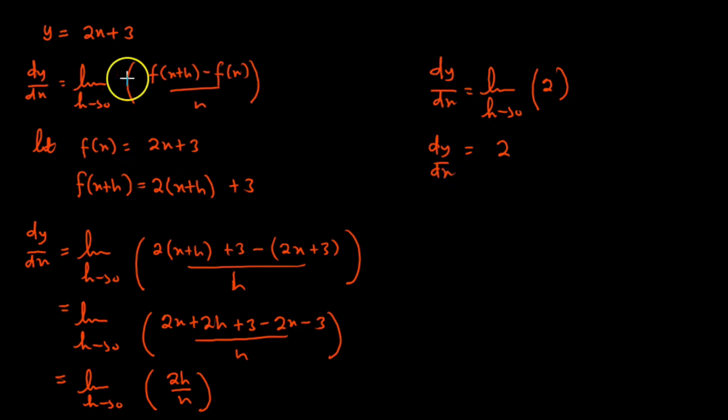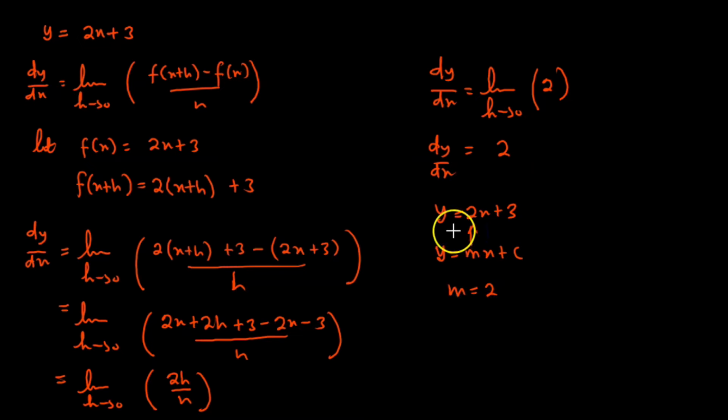Then the gradient of the function y equal to 2x plus 3, actually the gradient is 2. And it confirms that when we go back to our coordinate geometry 1, whereby we learned that the standard form for every equation of a line given as y equal to mx plus c, when you compare, it tells you that m is equal to 2.